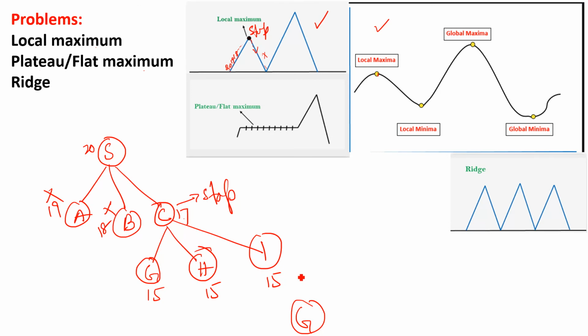We will not explore any other one. So this is the flat maximum. This is our best move, right? C, best move. After that, it is flat. All are the same. It means we have to stop here. So these are the problems, drawbacks of this theorem.